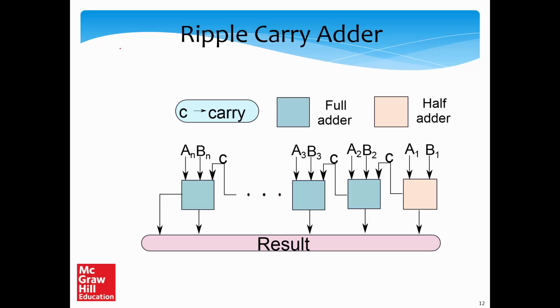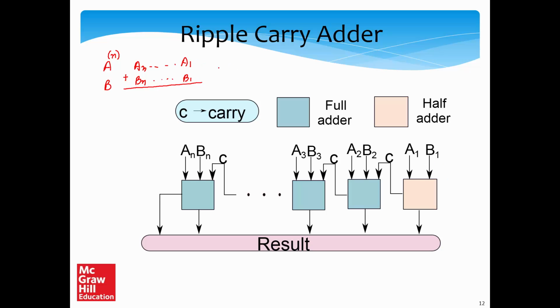So let us first design a very simple adder called a ripple carry adder. In this case, we'll add two multi-bit binary numbers A and B. Let's assume that they have n bits each, and the bits are A1 to An and B1 to Bn, where Bn means the nth bit and B1 means the first bit. When we add, we'll first add A1 and B1.